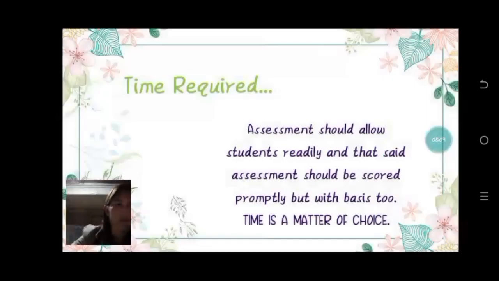Okay, so time required. Assessment should allow students to respond readily, and assessment should be scored promptly but not without basis. Time is a matter of choice. If we are going to conduct an assessment, time also matters.